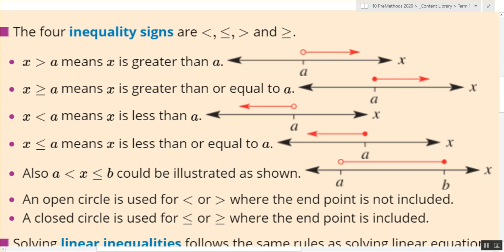Equal sign means what? What type of circle? Closed or coloured in circle. So equal sign gives us a coloured in circle. No equal sign means open circle.